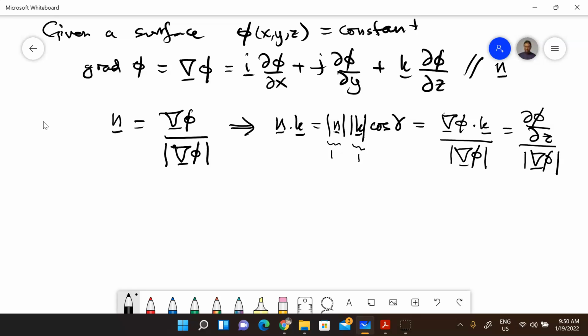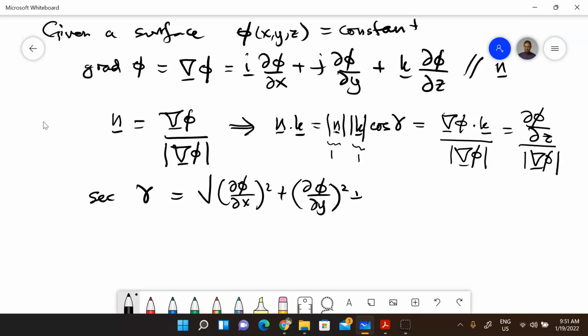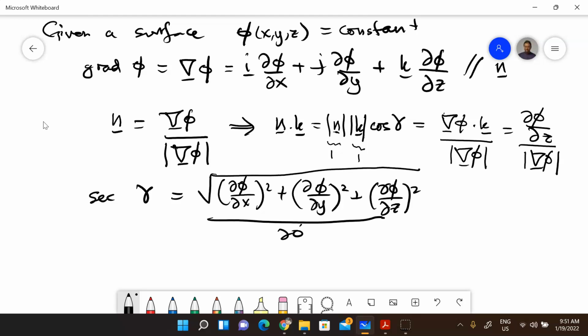And your secant gamma in this particular case will then just be the square root of, this is your del phi here, gradient phi squared, plus phi y squared plus phi z squared, over d phi dz.